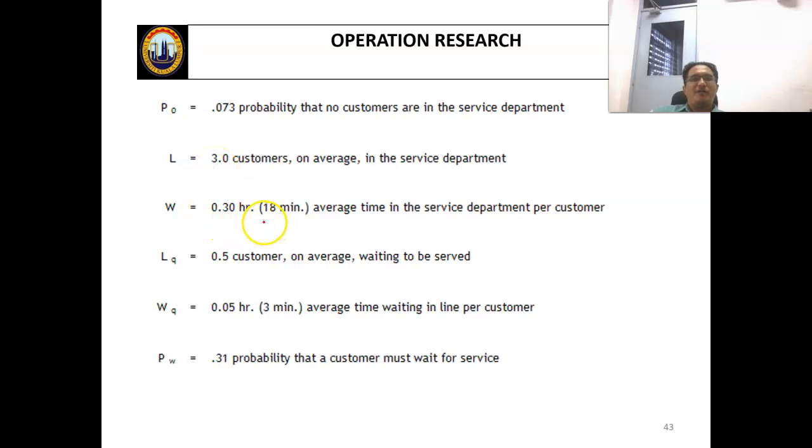We need to spend about 80 minutes on average. LQ 0.15 customer. So this is how we want to summarize the calculation, the analysis of the waiting line, not only multiple server, but in all types of queuing system.